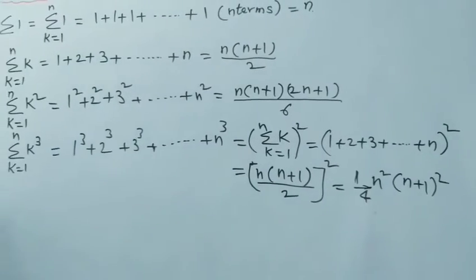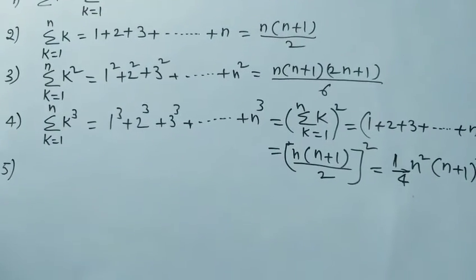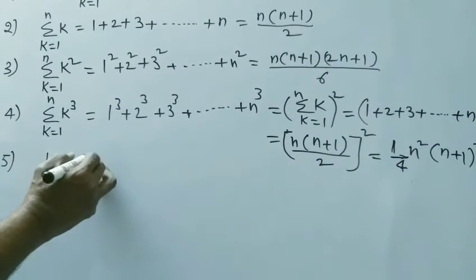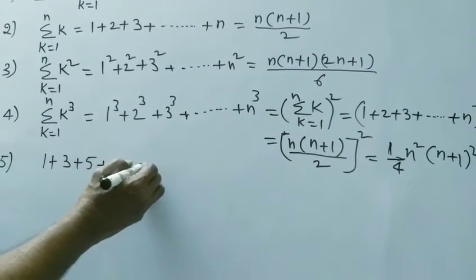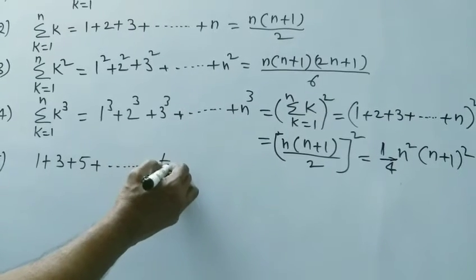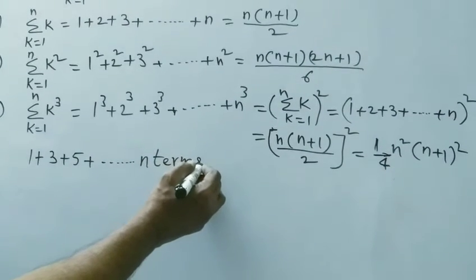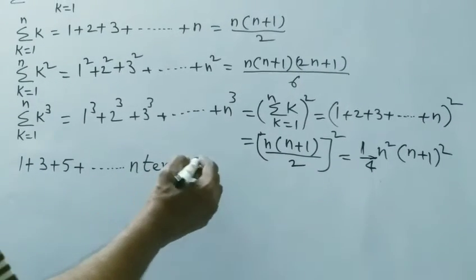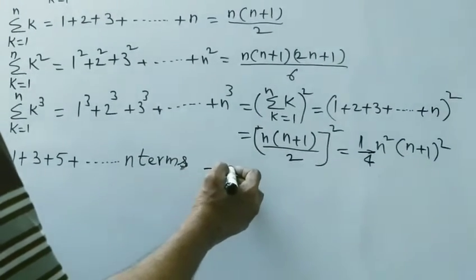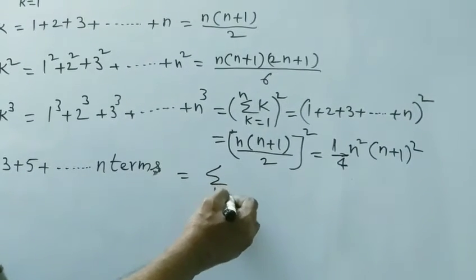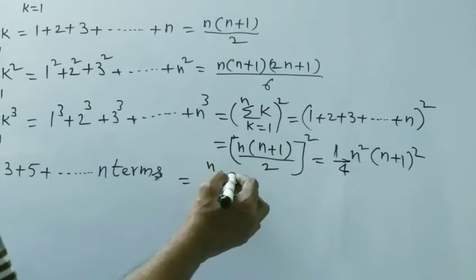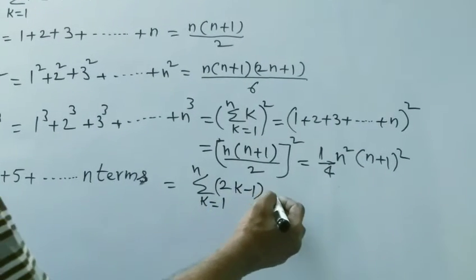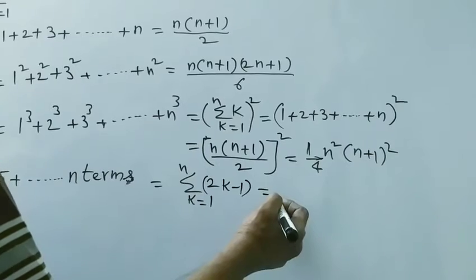Now one more, fifth one, 1 plus 3 plus 5 plus and so on n terms is equal to summation of k is equal to 1 to n, 2k minus 1, is equal to n square.